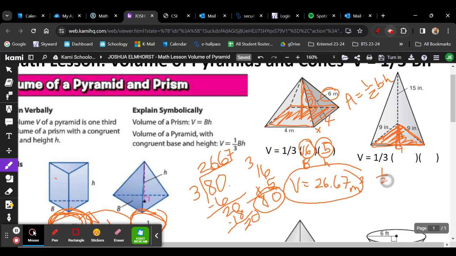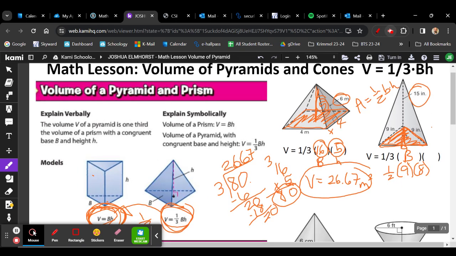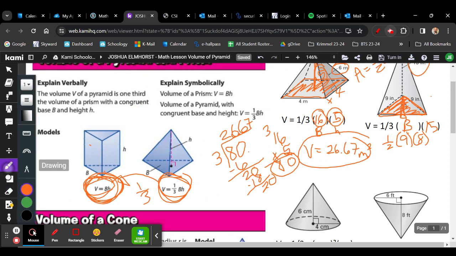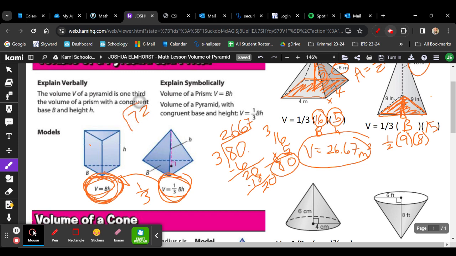So we have 1/2 times 9 times 8. That is going to be our base area, and then the height is going to be 15. So 9 times 8 is 72, and then 72 divided by 2 is going to give us 36.